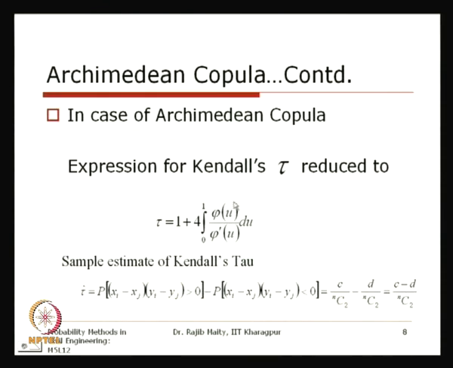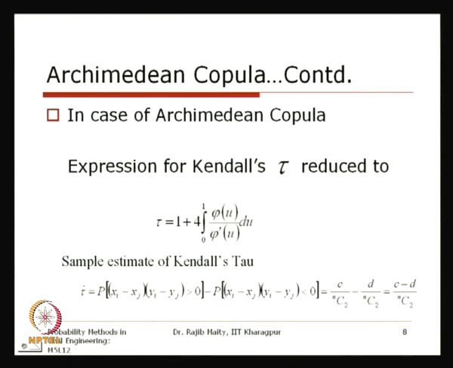Now, in this form the parameter theta is there. So, that theta will be in this expression, and on the left side is tau. So, here we can see that there will be a relationship between this tau and the theta, where theta is your measure of the parameter that is capturing the dependence between two random variables.